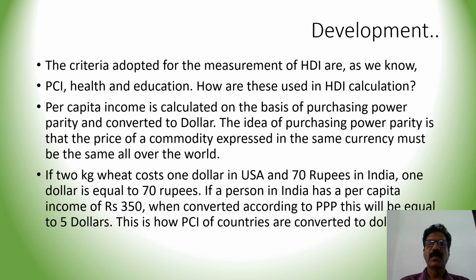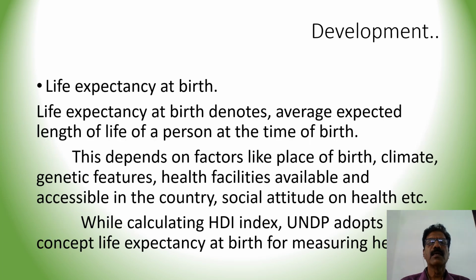And in some cases, the purchasing power parity is taken based on the price or exchange rate of a base year. Now we come to life expectancy at birth. Life expectancy at birth denotes average expected length of life of a person at the time of birth.